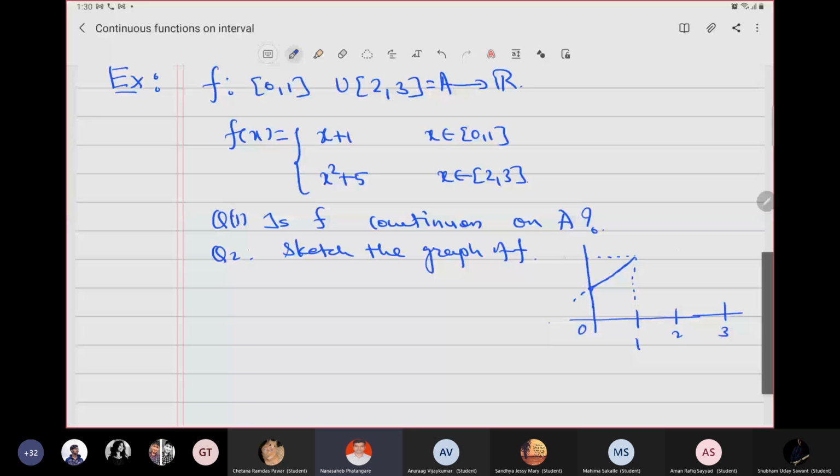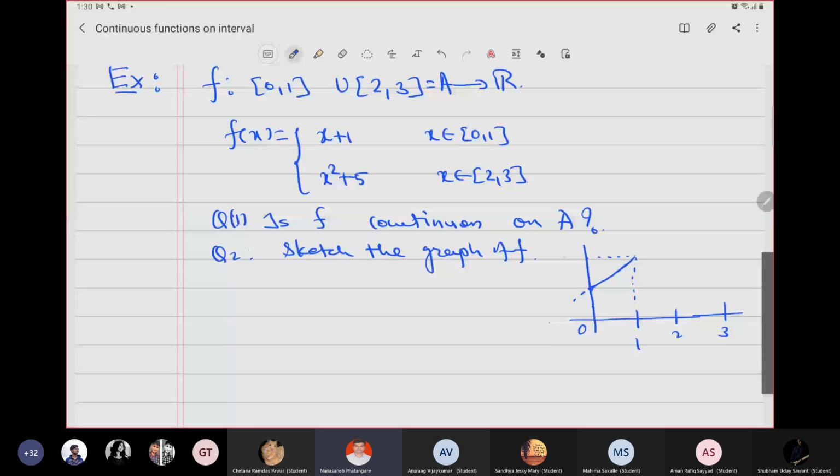Question 3. Now a is equal to half and b is equal to 5 by 2. These are points of the domain of the function. Is it true? Yes. What is f of a?